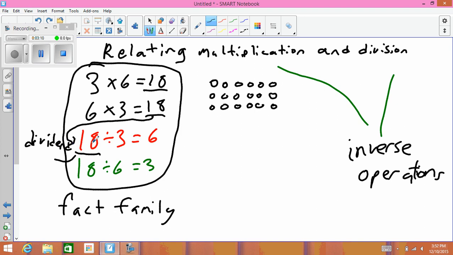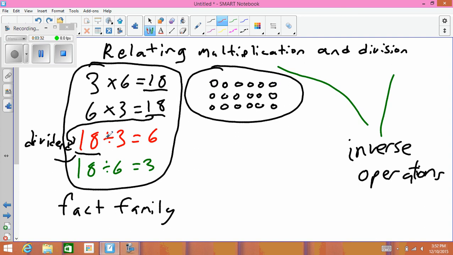So 18, that's my whole, and that's represented by this whole array right here. When I divide, it says I'm taking 18 and dividing it into 3 equally sized groups. When I look at my array, I can see that there's 3 rows. So each of those rows has the same number of objects in it.